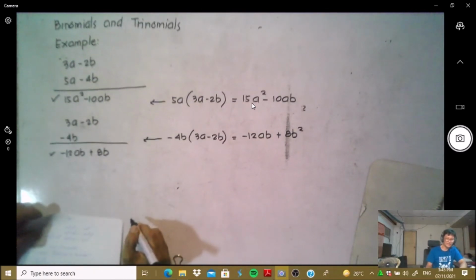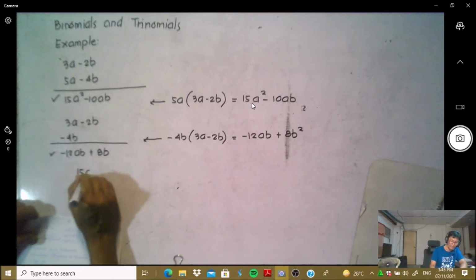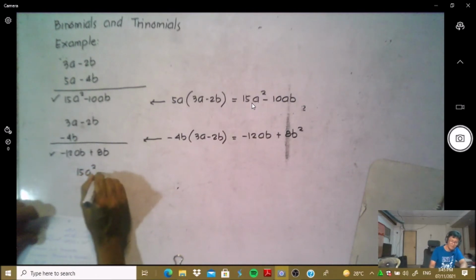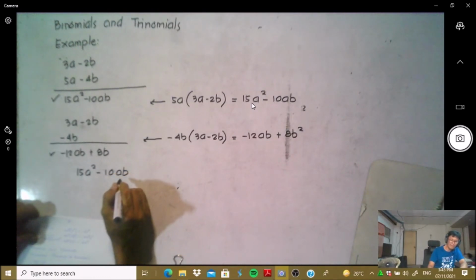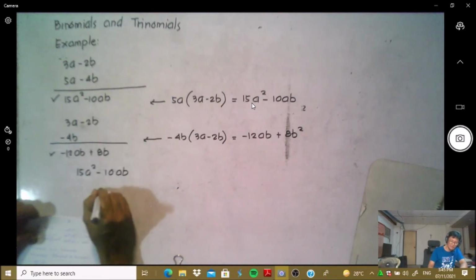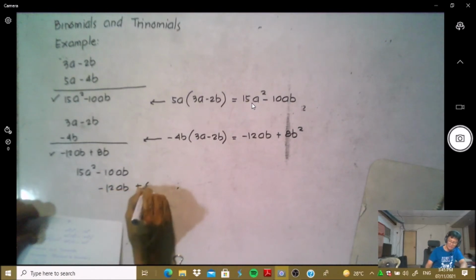Then we are just going to add these two products here. So we have 15a squared minus 10ab, then add negative 12ab. So let's have a correct column, 12ab plus 8b squared.